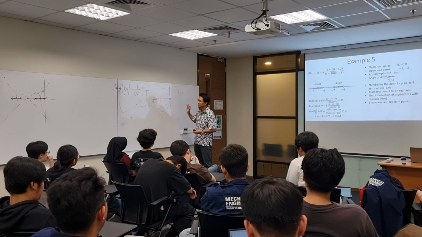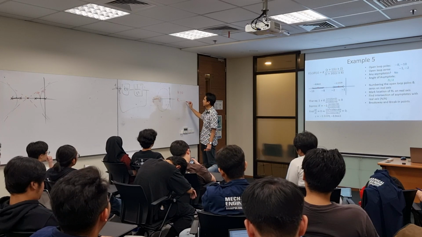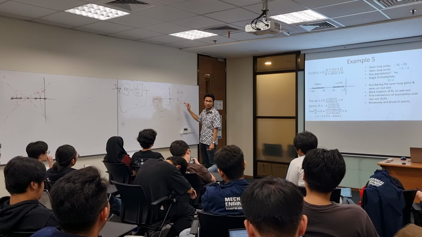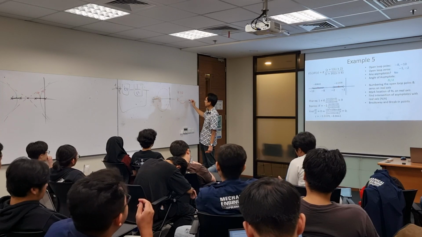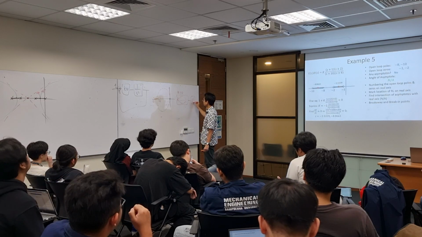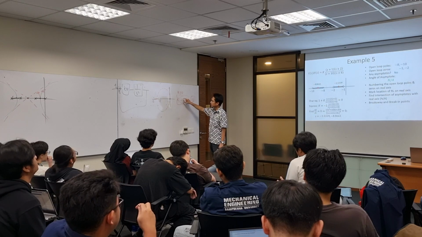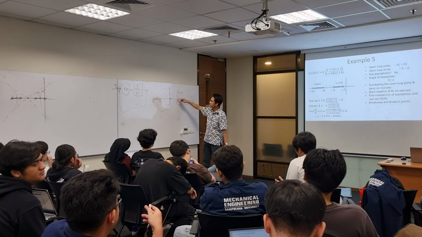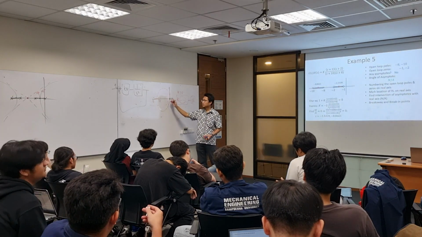If your system is K multiplied by a controller, where this is a gain and this is the controller, and your system is 1 over s squared, then you can set your gain K to be any positive number.